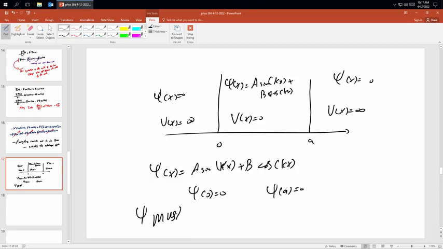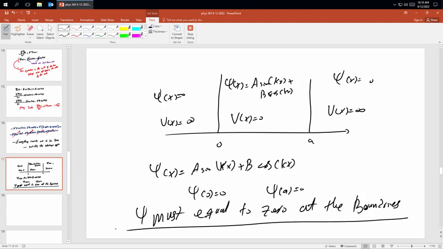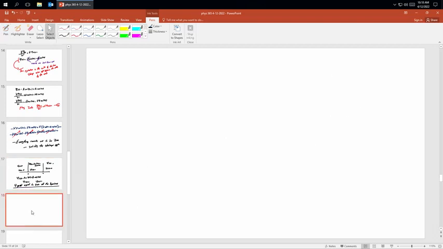Psi must equal to 0 at the boundaries. So if you actually break it down, let's break it down to the sine and the cosine, right?